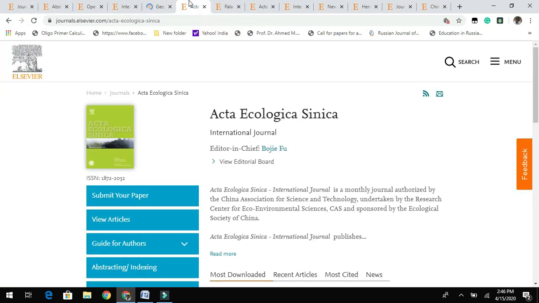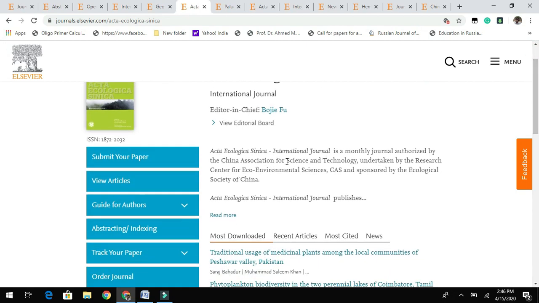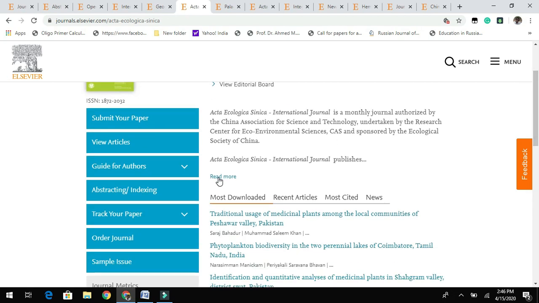So next in the list is Acta Ecologica Sinica. It is an international journal where submissions of research articles related to environmental science and ecology-based research are welcomed.